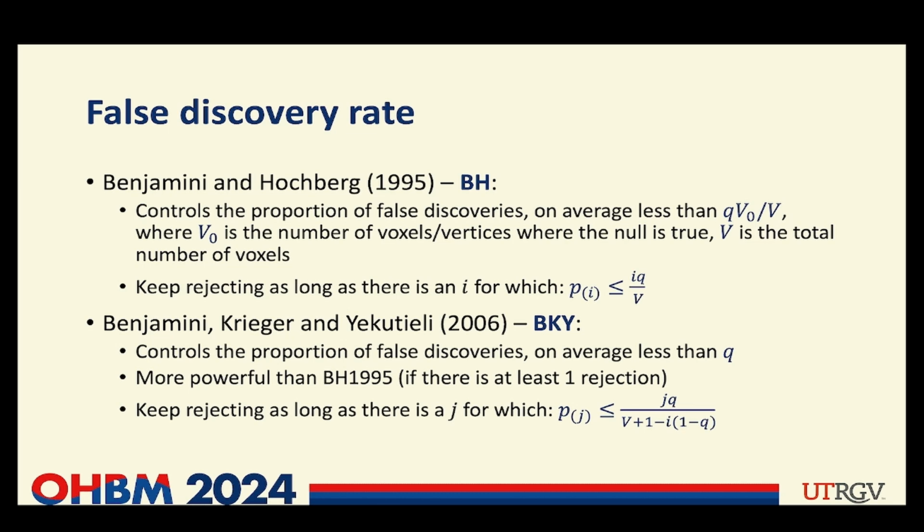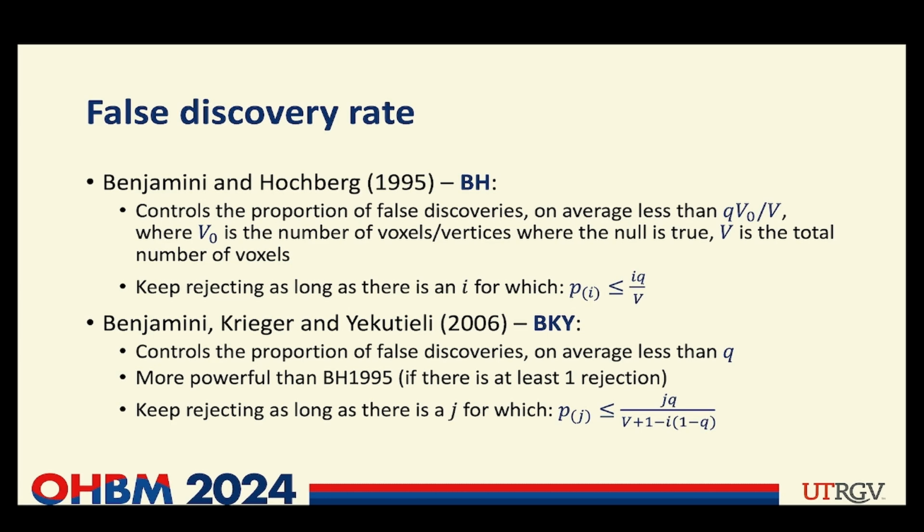It controls the proportion of false discoveries, but this is something that not many people are aware of. What this procedure controls is not really the exact FDR. It gives you an amount of error rate that depends on the number of tests in which the null hypothesis is true in relation to the number of tests that you have.